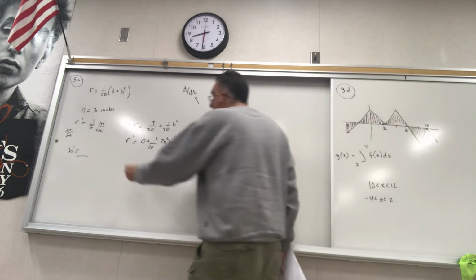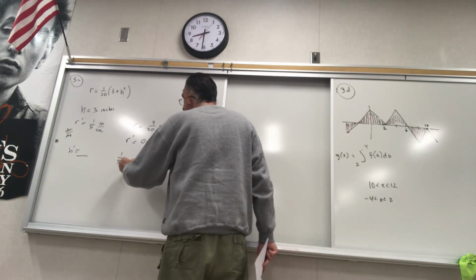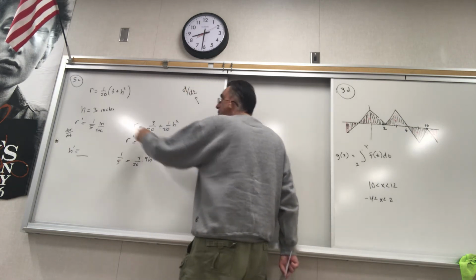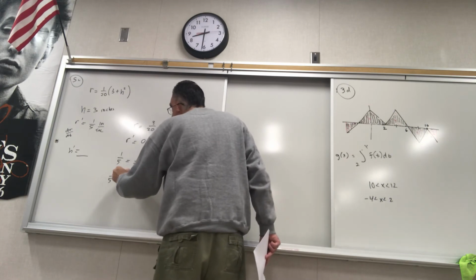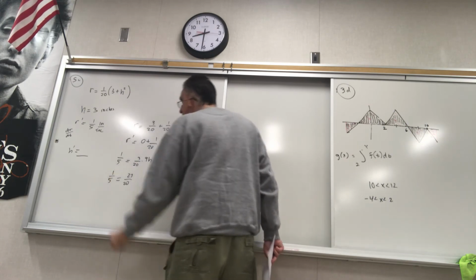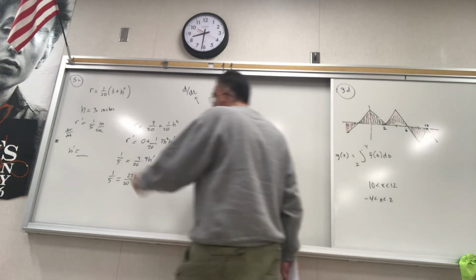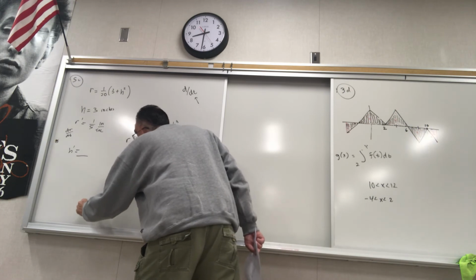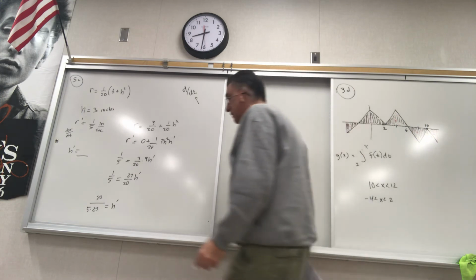So we know this is 1/5 equals 3/20 times 9, because I'm going to put the 3 in there. So you get what? 1/5 equals 27 over 20. Cross multiply, I guess, 20 over 5 times 27. You could leave your answer like that, I suspect.